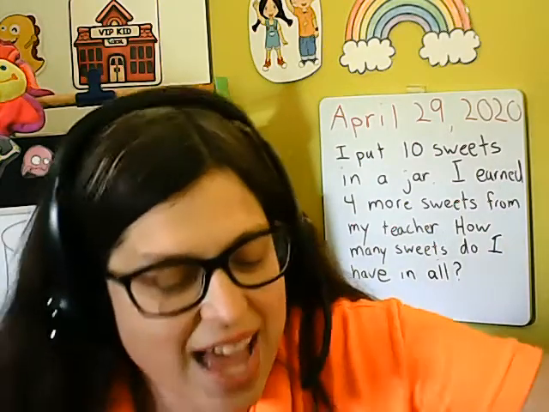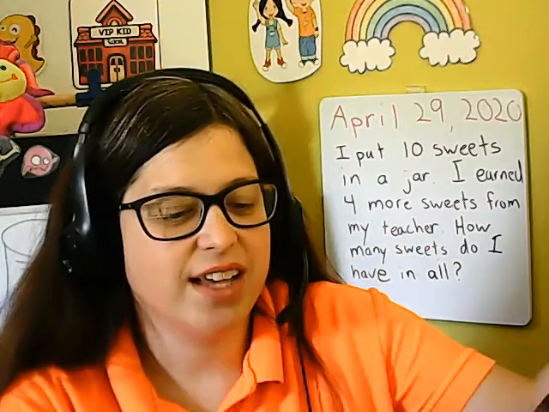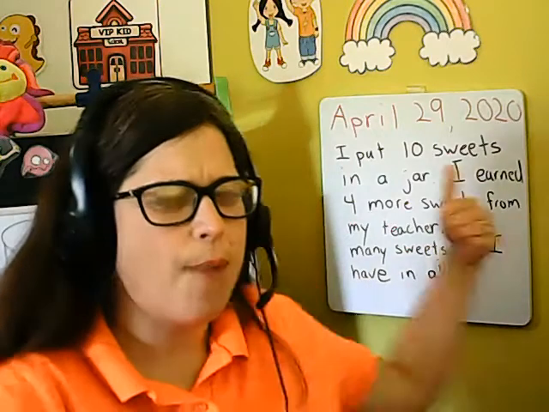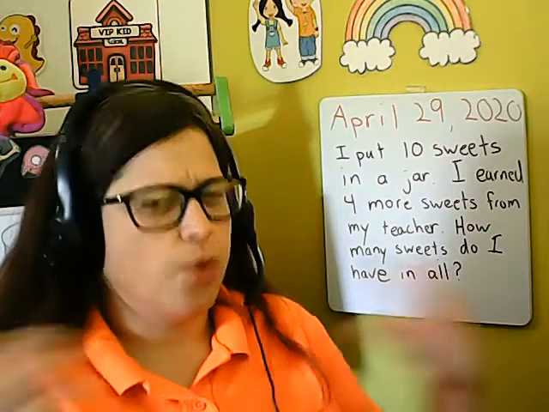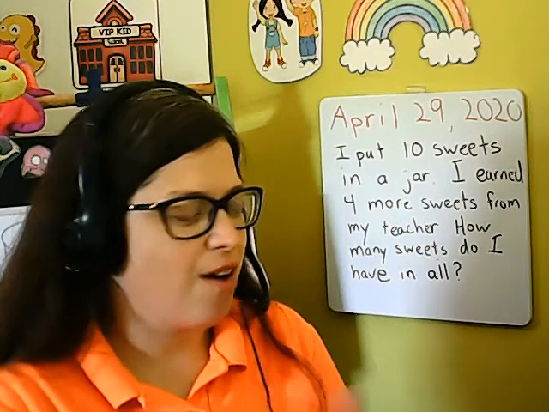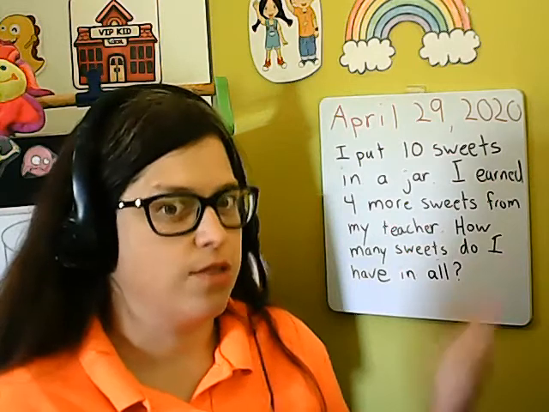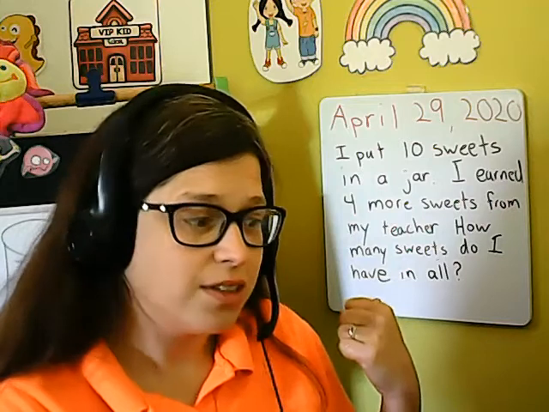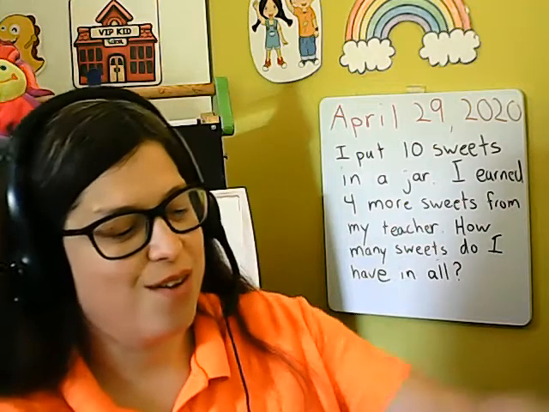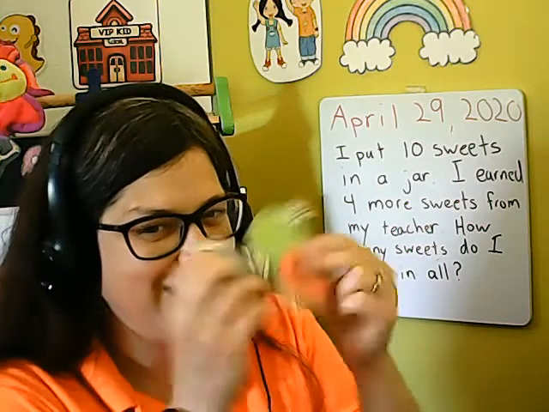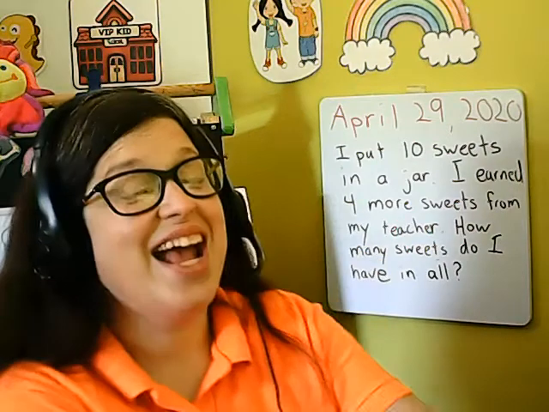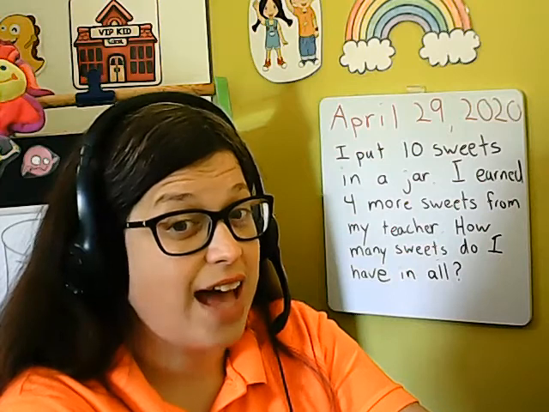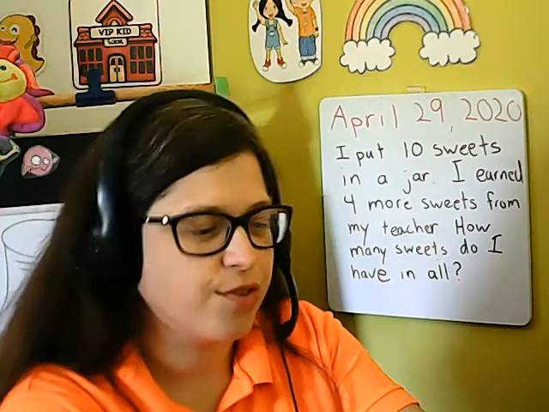But today, I would like to go back and revisit story problems since we are focusing very heavily on story problems. I wrote a story problem about one of your favorite things, I'm sure, sweets, and we are going to solve it using base 10 blocks as well as pictures of sweets.